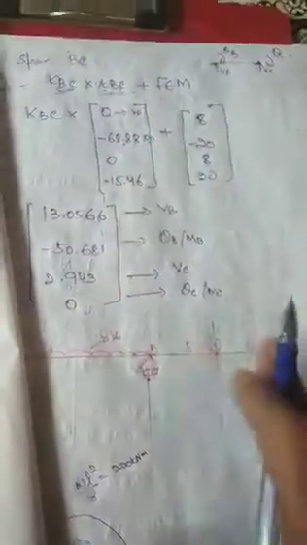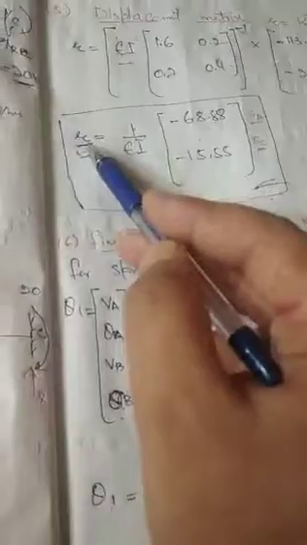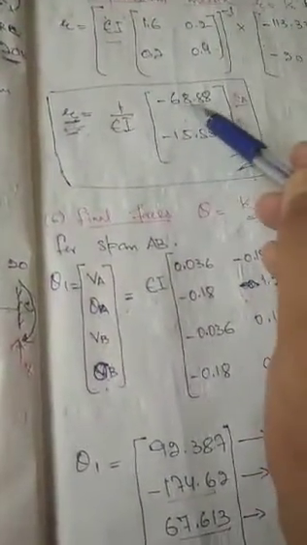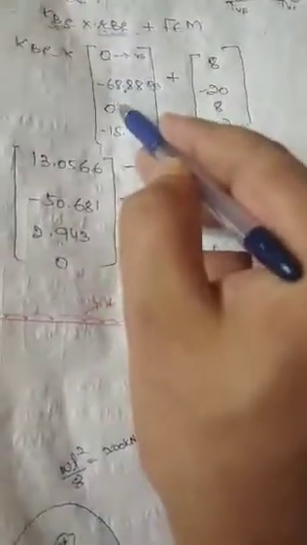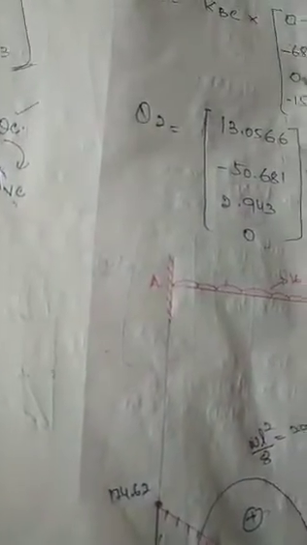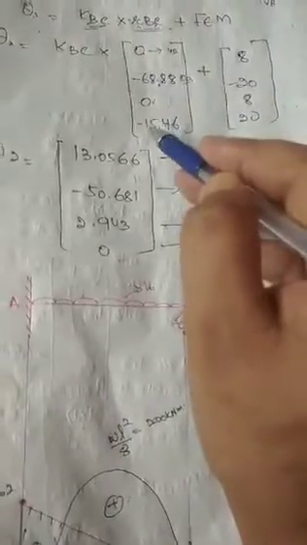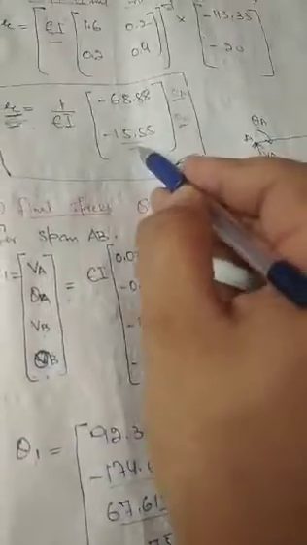Then the second value, QB, we calculated as minus 68.88 in matrix R, which has QB and QC. Then VC is also 0, and QC is minus 15.46, which we calculated here. So you have to take care of this.